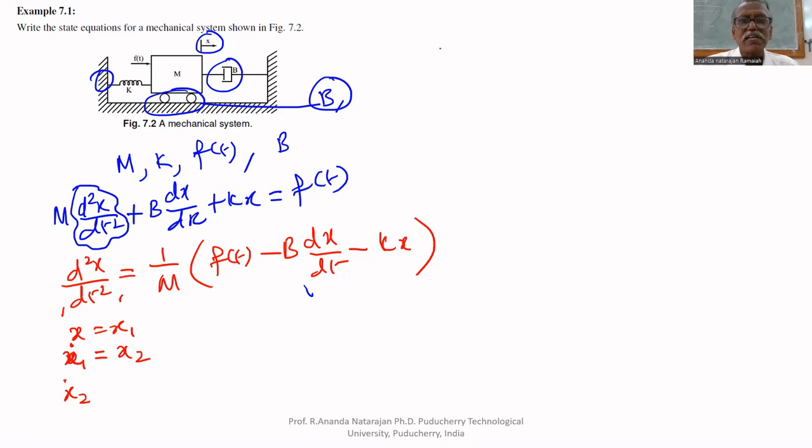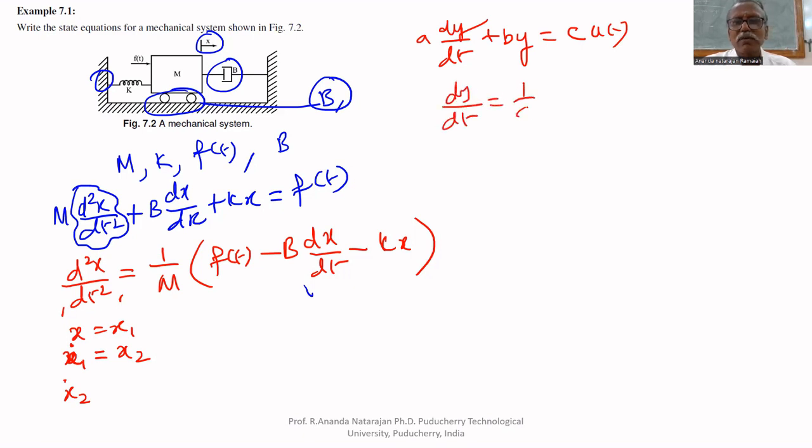What is a first order differential equation? If you write a dy by dt plus by equal to c u of t, can I write like that? Keep dy by dt on one side. What you will get? dy by dt equal to 1 by a into c u of t minus by.